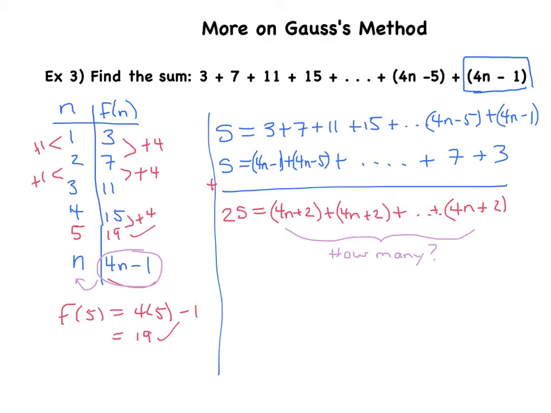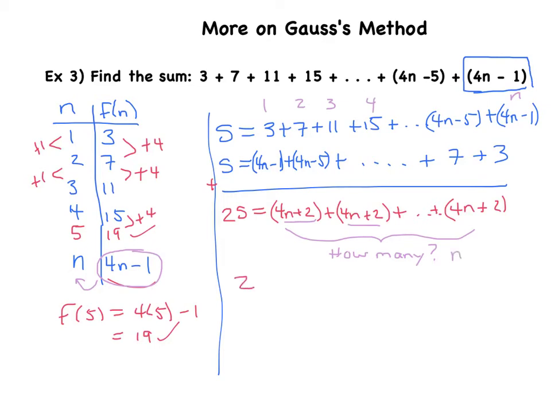And if you start labeling the terms above the numbers we're adding, this would be term 1, term 2, term 3, term 4, I would have to put an n above the 4n minus 1. And that is all I really need to know, because every time I'm getting a 4n plus 2, that's coming from the fact that I'm adding the terms in the list here. And so there are going to be n of them because, well, I did that addition n times. So the answer is n.